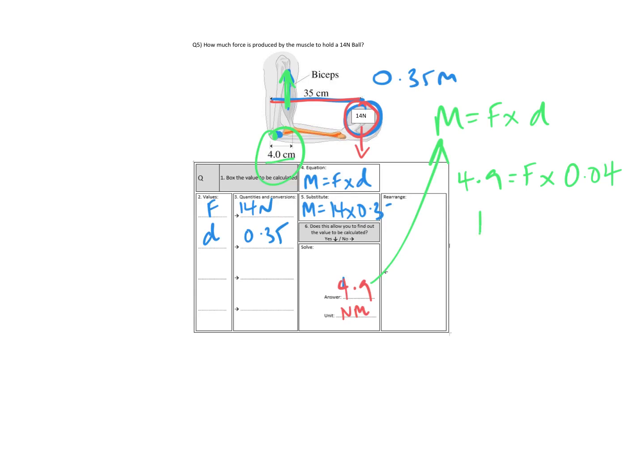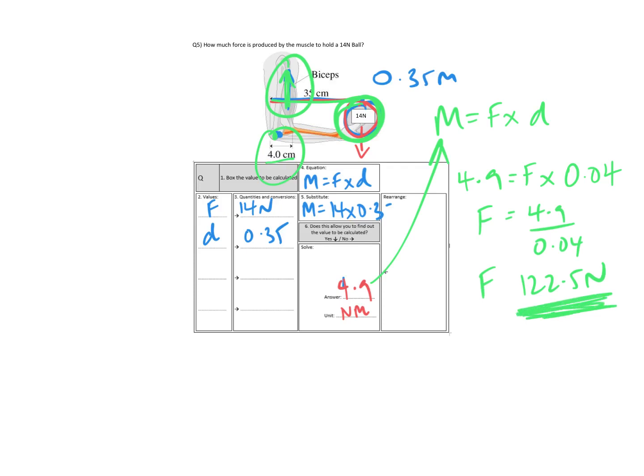So to rearrange to find force equals 4.9 divided by 0.04, and again using a calculator, that gives a value for the force on the biceps as 122.5 newtons. So in other words, to hold a force of 14 newtons 35 centimetres away, we need a much bigger force on the biceps of 122.5, because it's a lot shorter distance away from the pivot or the elbow.